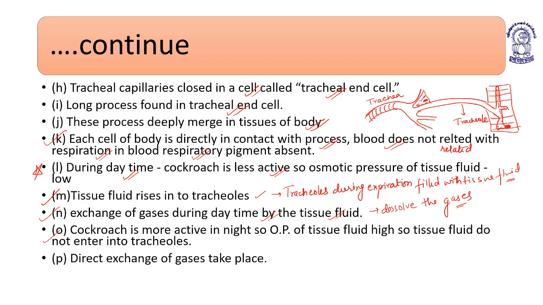Cockroach is more active at night, and you know it is nocturnal. The osmotic pressure of tissue fluid is high, so tissue fluid does not enter the tracheoles. So during night, air is present in tracheoles.